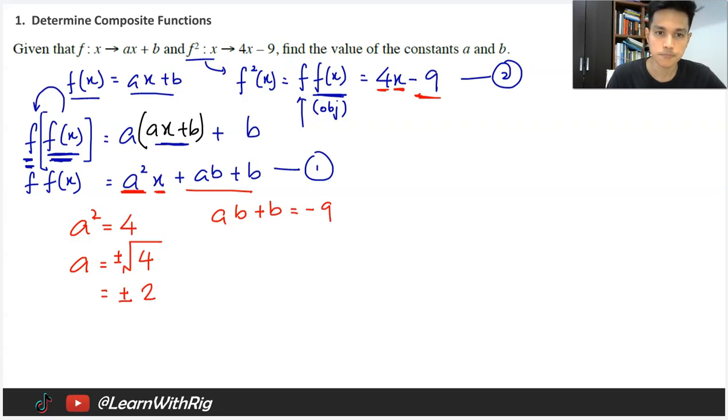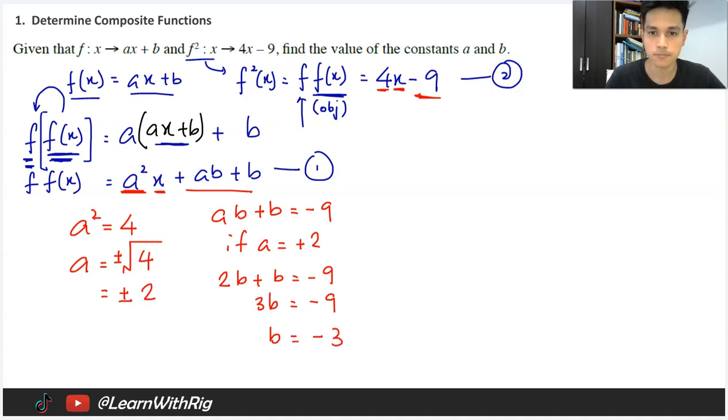Now the thing is, you have two values of a, so you're going to get two values of b as well. If a is equal to positive 2, what are you going to get? 2b + b equals −9, 3b is equal to −9, so b is going to be equal to −3.